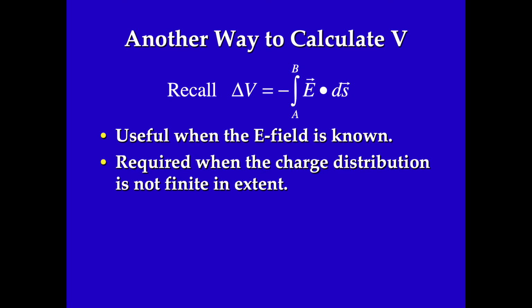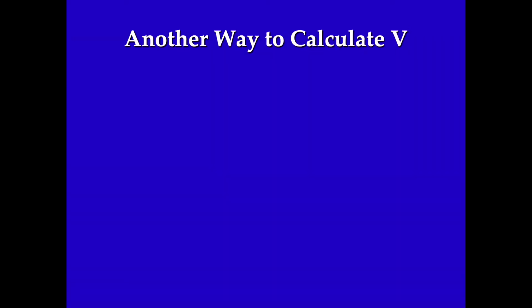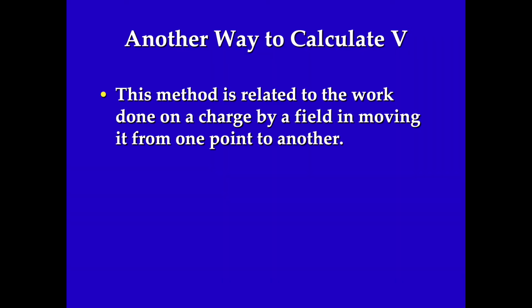The two problems I just did, the technique that I used, cannot be used for a plane. So it is more general than just the integral of k dq over r. And it's related to the work done on a charge by a field in moving it from point A to point B.